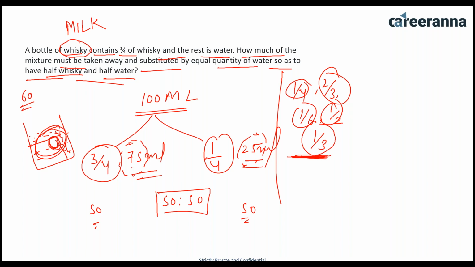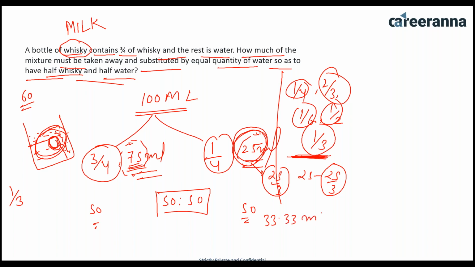So I want to replace 25 ml of this. That means 25 ml of this number is 1 by 3. So I have to remove 1 by 3. Similarly, if I remove 1 by 3 from here, 1 by 3 from here will be removed. So it will be 25 minus 25 by 3. So 33.33 ml is removed, because 25 from this part and 8.33 from this part.